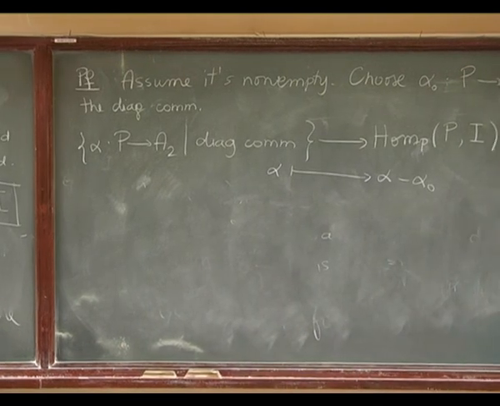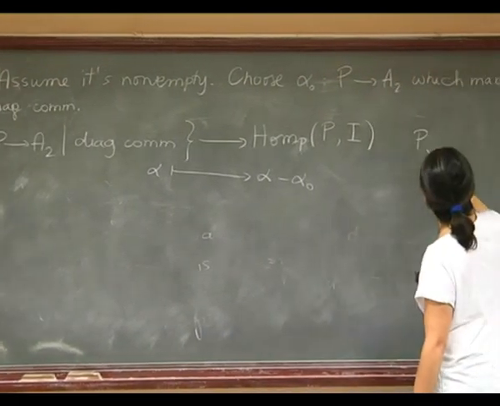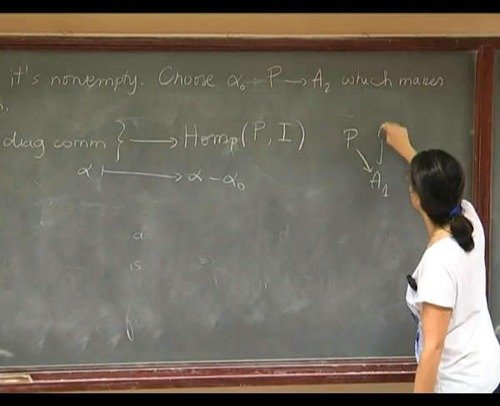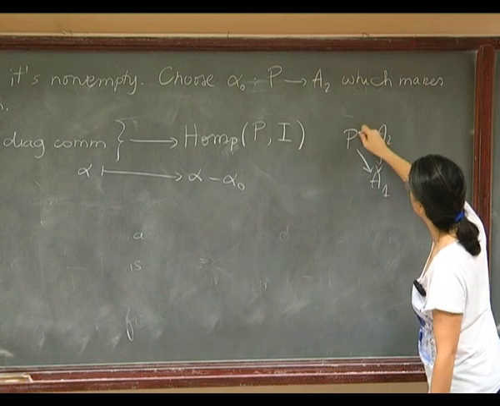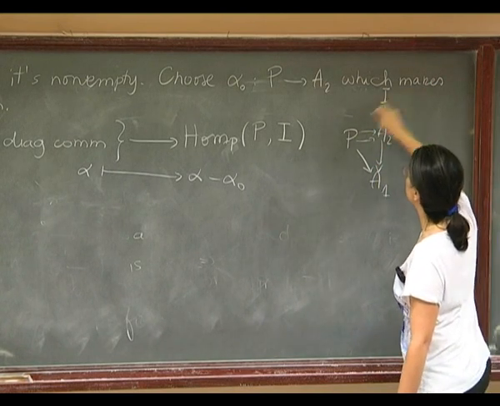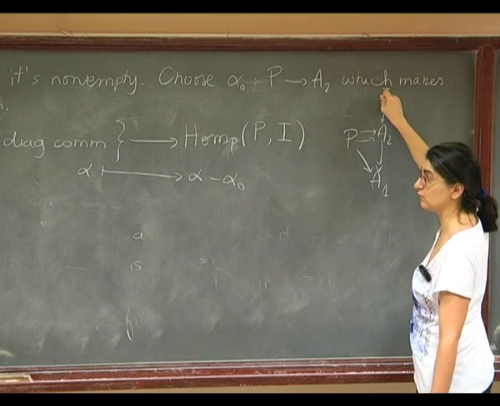Since the two have to commute, so I have P times A1 is given. If I have two maps which have the same image here, then the difference must go into here.